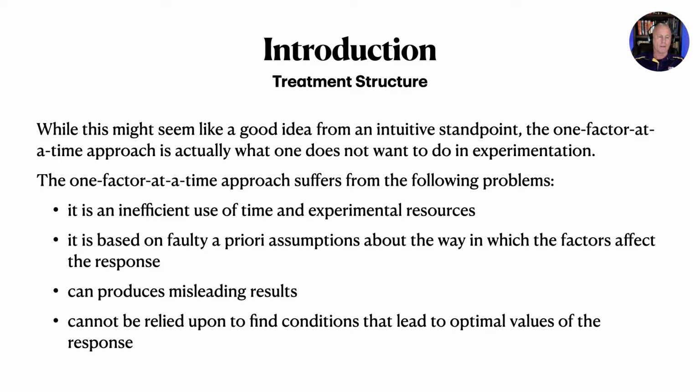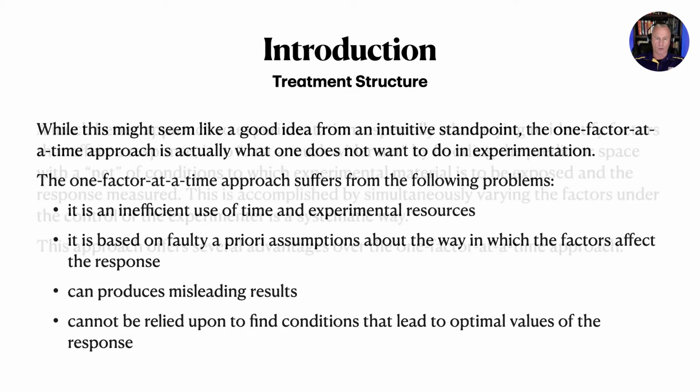And finally, the one factor at a time approach cannot be relied upon to find conditions that lead to optimal values of the response. So the one factor at a time approach is not preferable. In fact, that's exactly what we don't want to do.